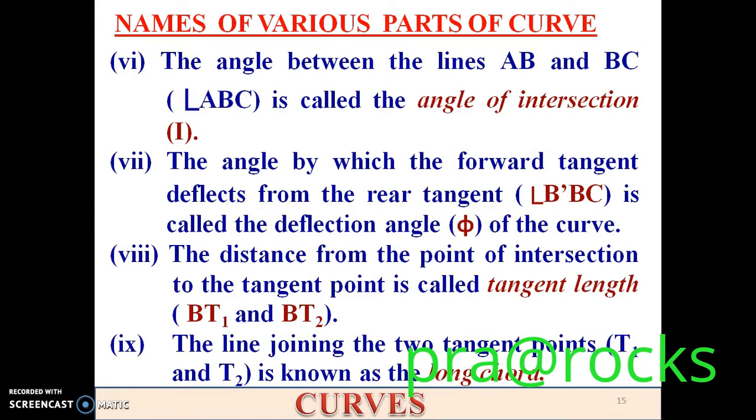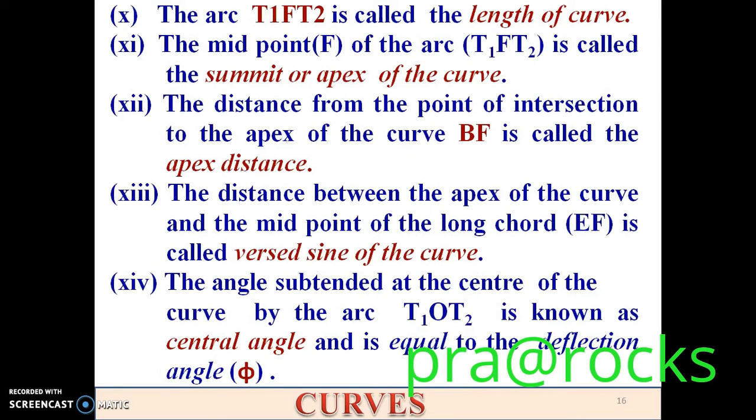The distances from the point of intersection to the tangent points, BT1 and BT2, are the tangent length, and the line joining the two tangent points T1 and T2 is known as the long chord. Arc T1FT2 gives the length of the curve, and F is termed the summit or apex of the curve. BF is the apex distance, and EF is the versine of the curve.